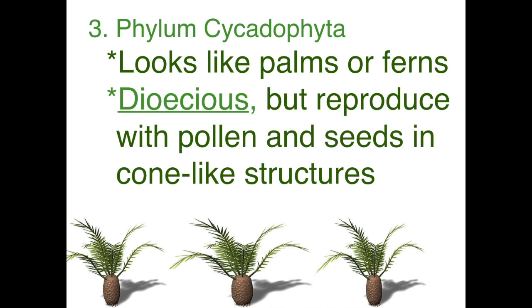So dioecious has two genders, one male gender, one female gender. While monoecious, when we talked about the pine tree, mono means one, so one gender. One tree has both male and female. Okay, so mono meaning one, di meaning two. So cycads and ginkgos are dioecious, meaning you have one male tree and one female tree, two separate trees.